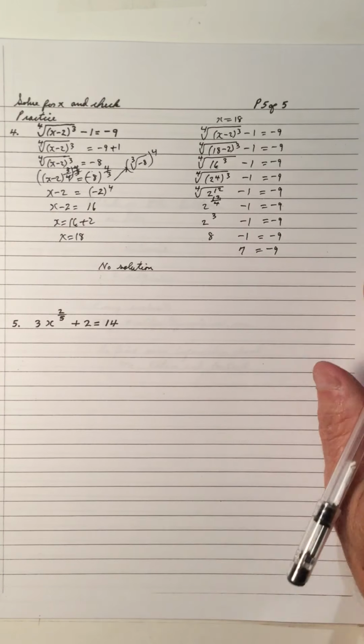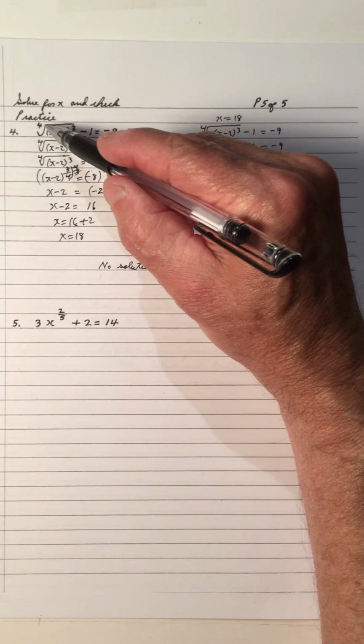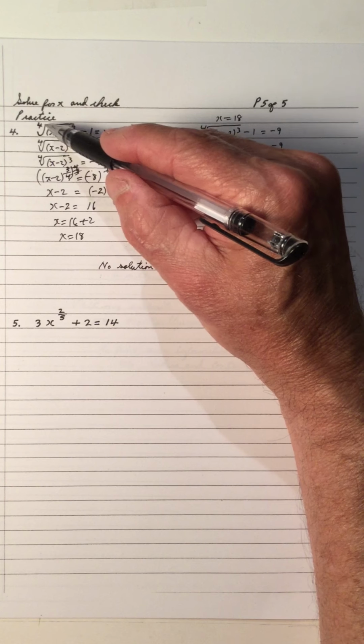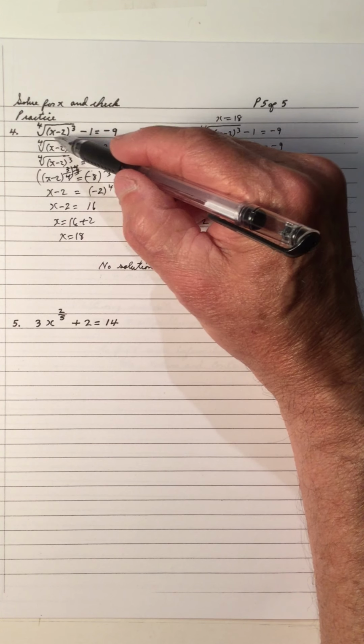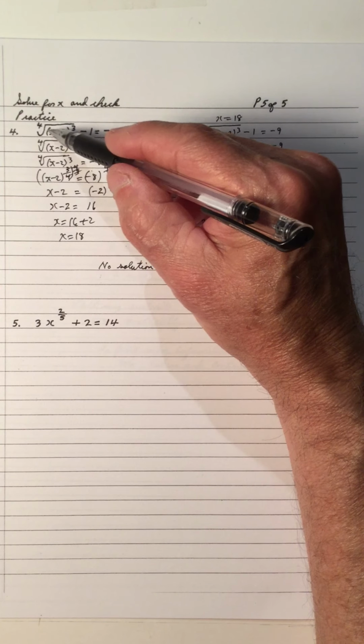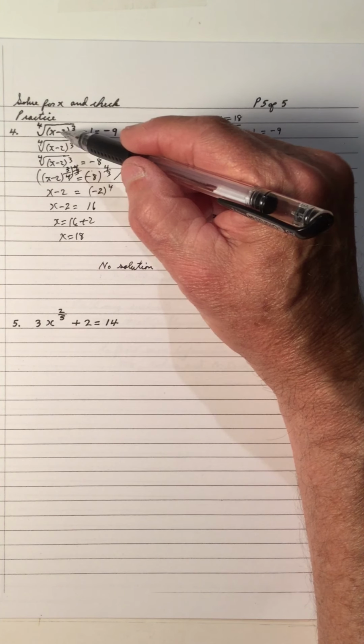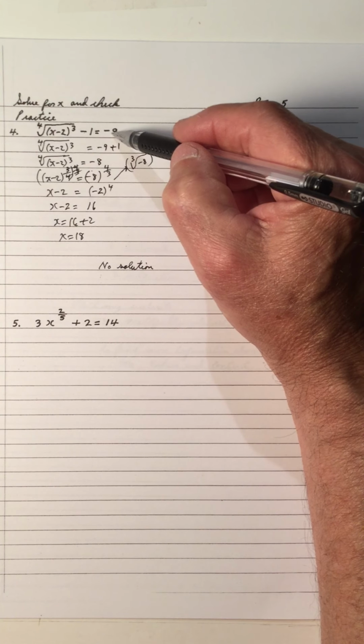And you might say, well, how come? Well, look back. This is a fourth root. And the fourth root of a number, this number in here, has to be positive. So how can a positive number, subtract 1, give you a negative 9?